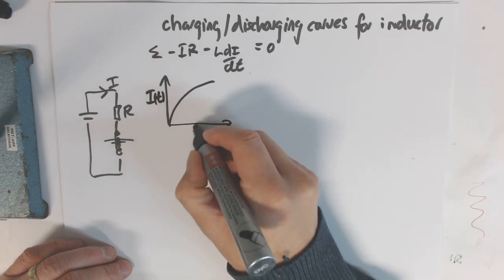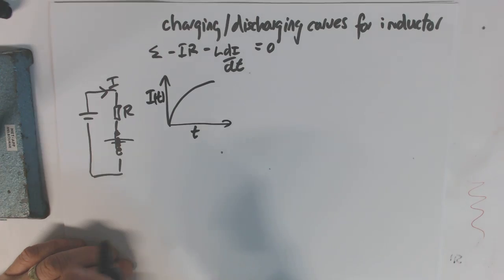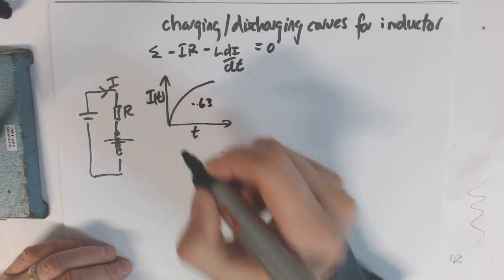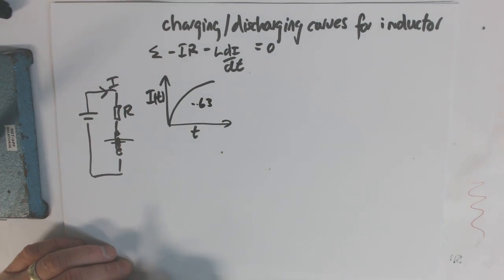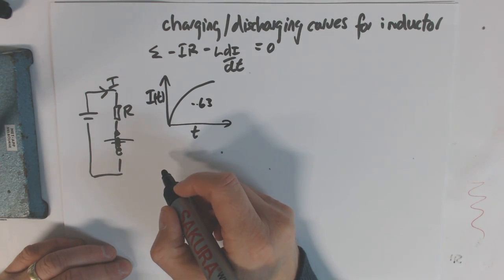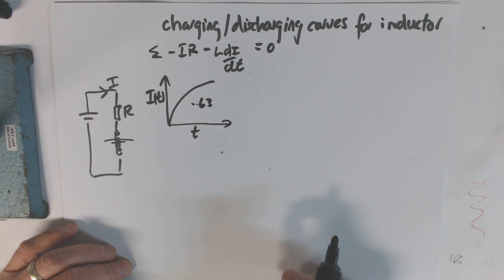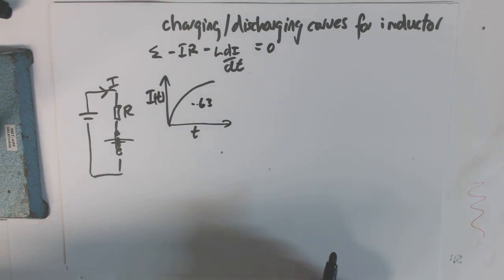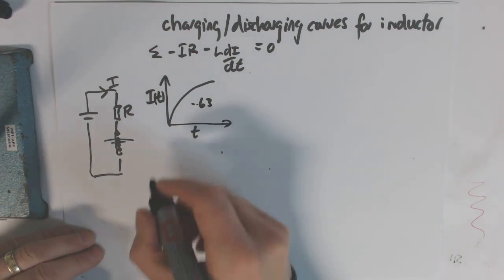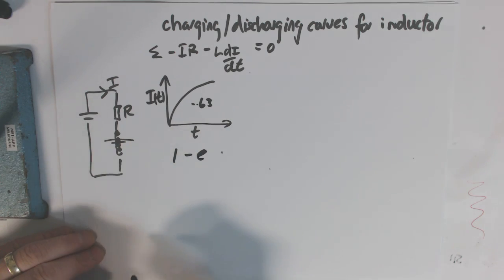we're going to get a graph that looks like that. I as a function of t. Now this is the one that we know is the 0.63, and once we know that one, we know the other curves. If we want the equation, which is the whole point of doing these charging and discharging curves and formulae, then we know this is going to be one of those 1 minus e to the minus something.